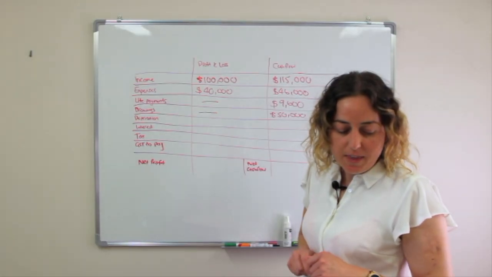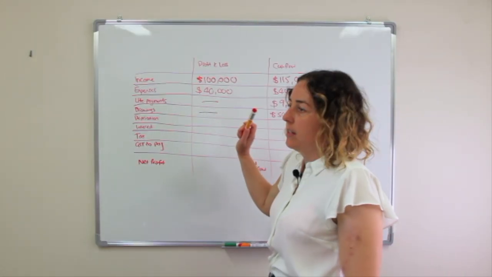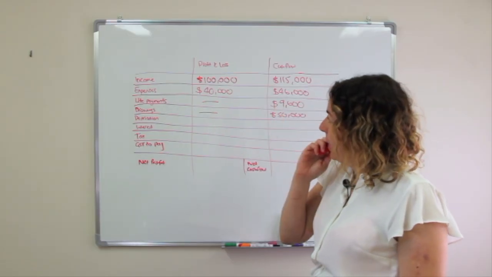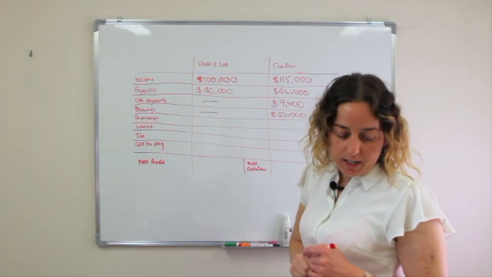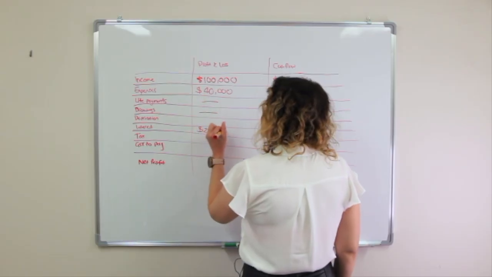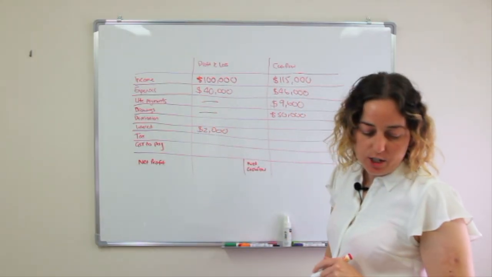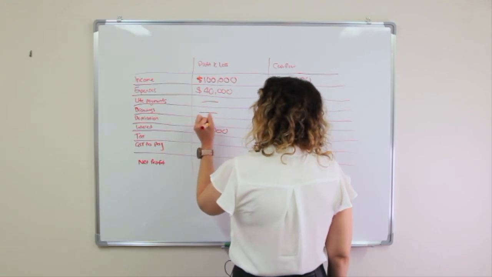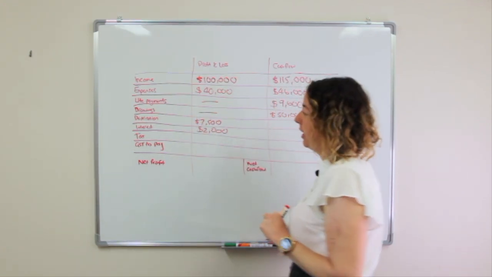And then there's a few things done at the end of the year. So some of the interest paid on this loan, Joe could claim back. So the interest was $2,000. So we're just making it nice and easy. And the depreciation on the ute was $7,500 for that first year.